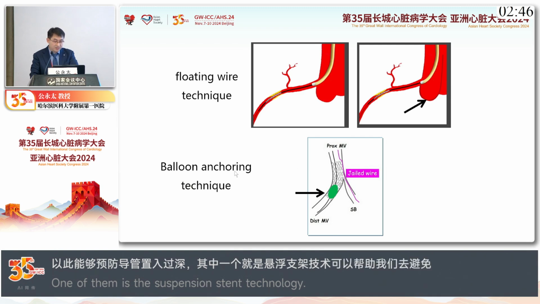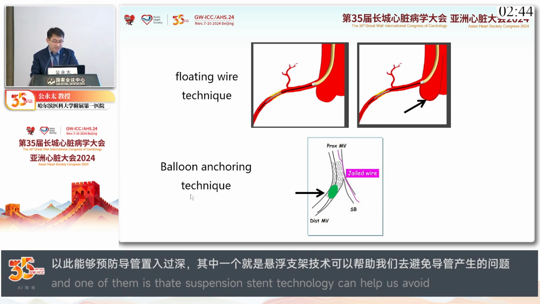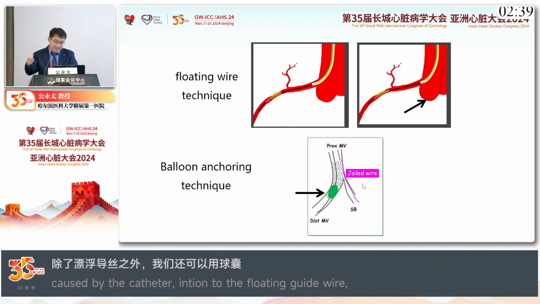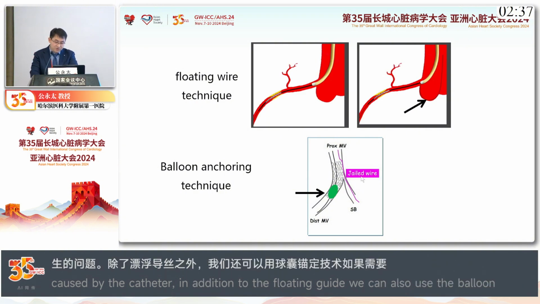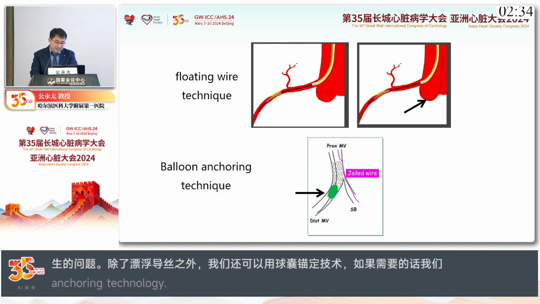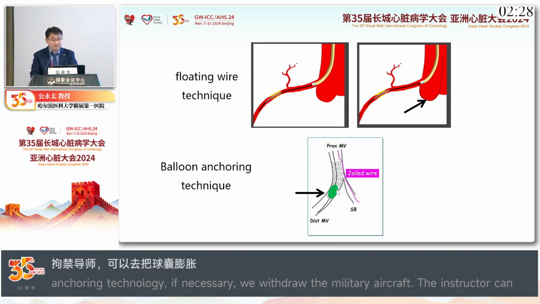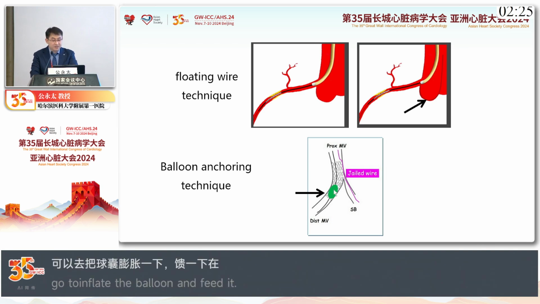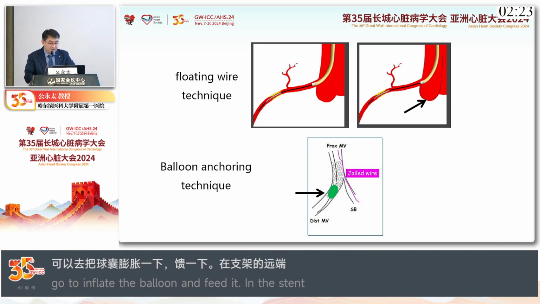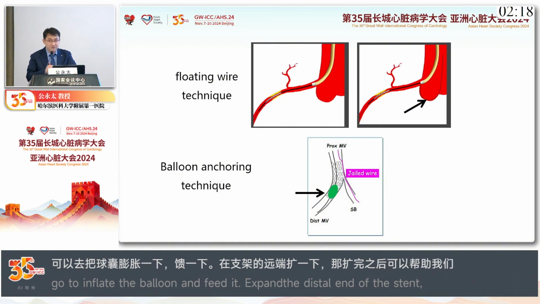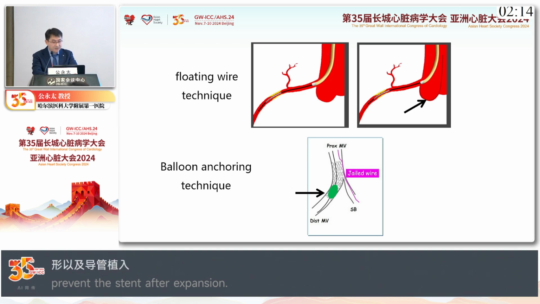Another technique is the balloon anchor technique. For this situation, if we withdraw the guide wire, we can inflate a balloon in the distal segment of the stent. It will be sufficient to prevent the engagement of the catheter and to avoid the stent deformation.